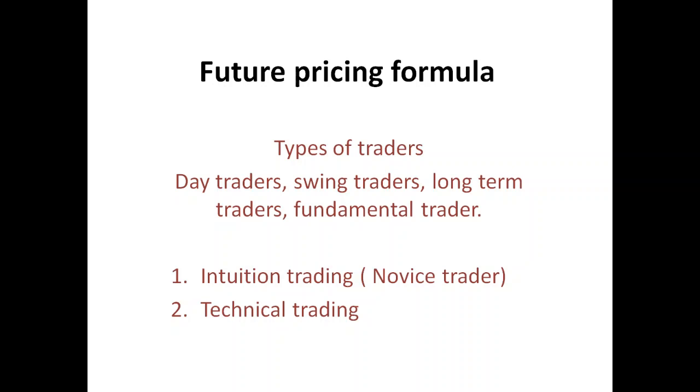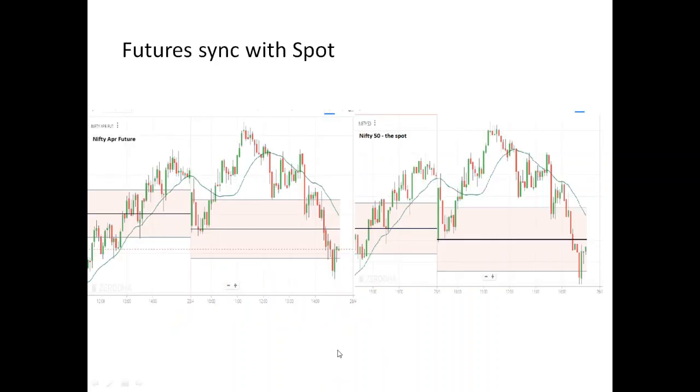That's gaining knowledge. If you have seen my earlier videos on futures, the basics of futures and more about futures, we had talked about the difference in spot and future price, right? So we know that the future mimics the spot. See here, we can see Nifty April future and Nifty 50. This is the spot.